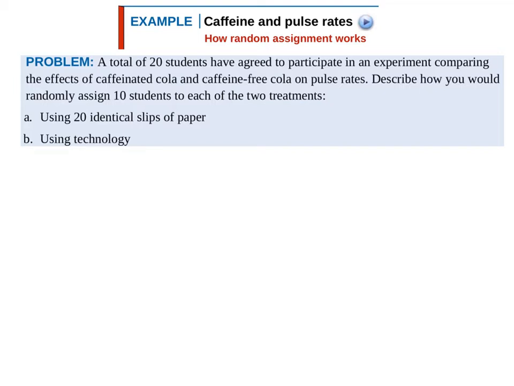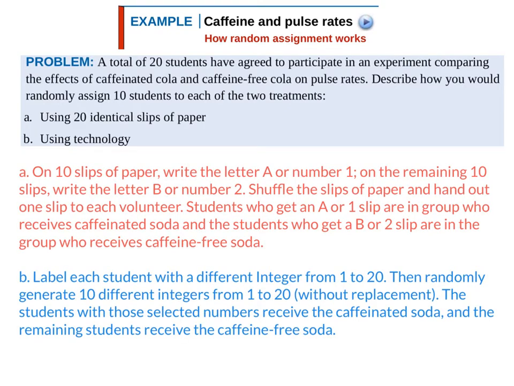One will be using 20 identical slips of paper and the other will be using technology. Using paper, you take half of those slips, so 10 slips of paper, and write either the letter A or the number 1 or some other symbol, as long as it's all the same. And then on the remaining 10, you write something else, like the letter B or the number 2. Again, as long as it's all the same on those 10 slips.